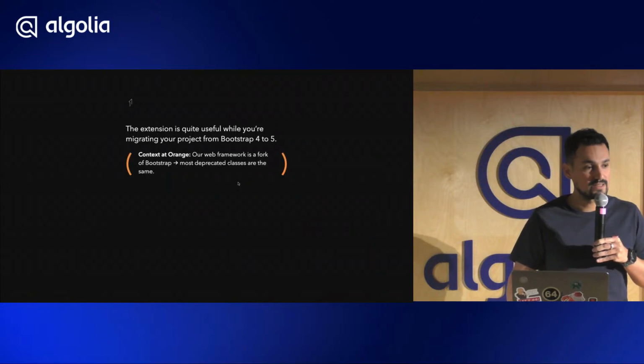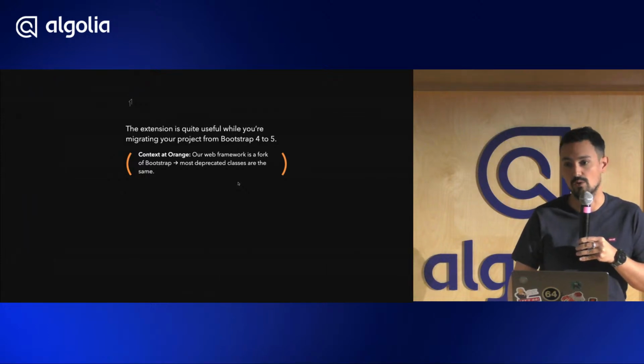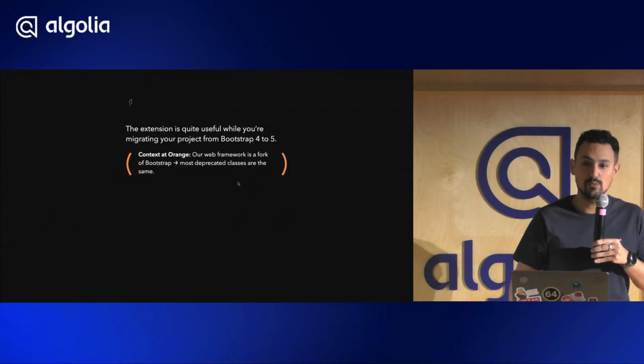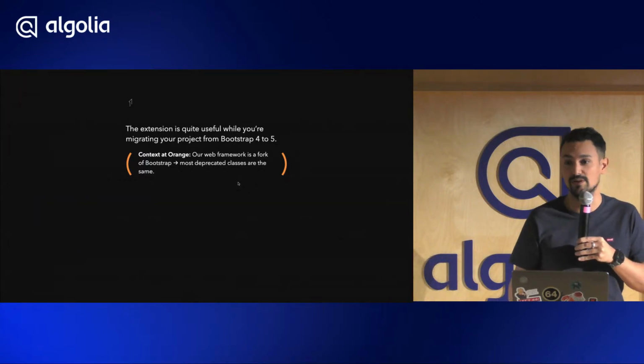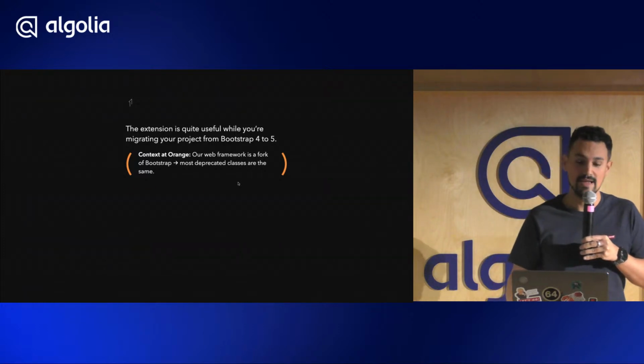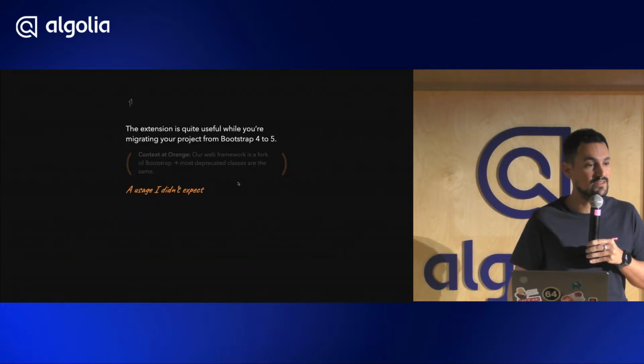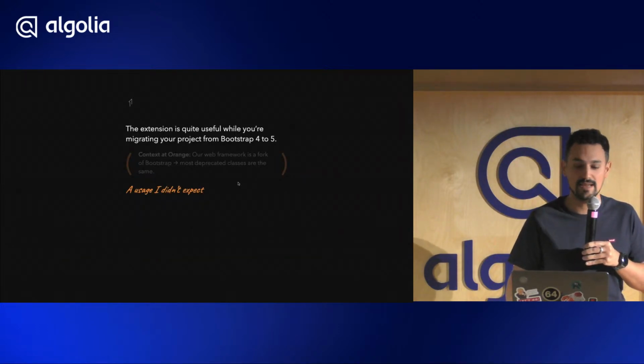Just a parenthesis, at Orange, we are using Bootstrap because we are a fork of Bootstrap for our web framework. So it means that for most deprecated and removed classes from Bootstrap 4 to 5, we got exactly the same issue at Orange. So there is a usage I didn't expect when I created this extension.